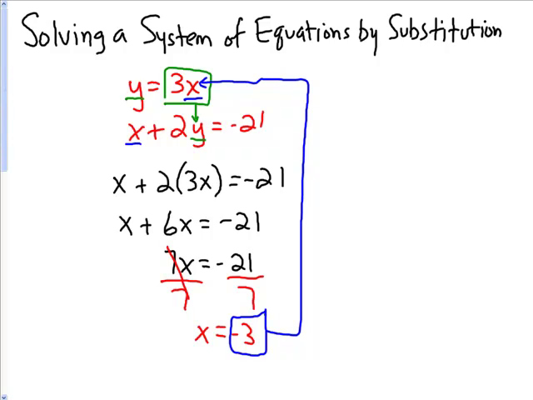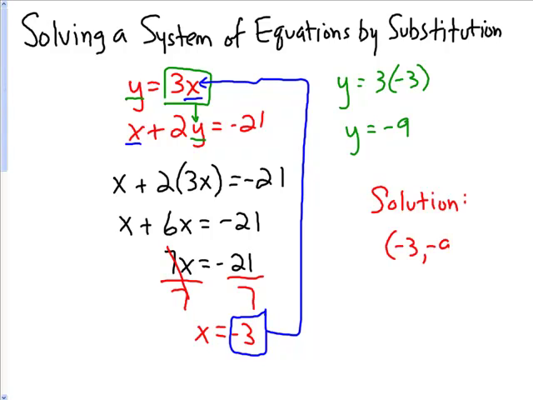Now I'm choosing y equals 3x because it is easier. There's less math to do, but this will work with either equation. So y equals 3 times negative 3, or y equals negative 9. So my solution for this system of equations is negative 3, negative 9.